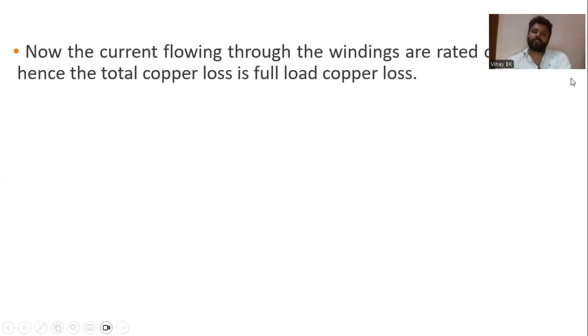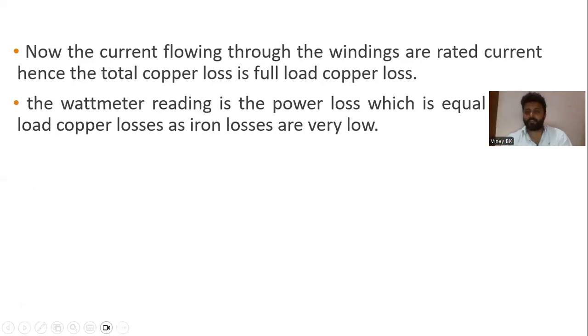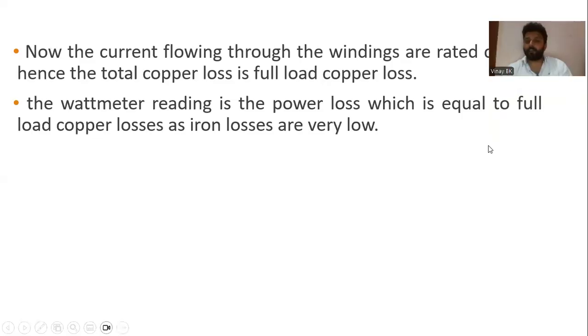So now the rated current flows to the windings. Hence, the total copper loss is the full load copper loss. Means that there is no iron loss, only copper loss is present. Hence, the wattmeter reading is the power loss, which is equal to the full load copper losses, as the iron losses are very low due to the short circuiting of the secondary side.